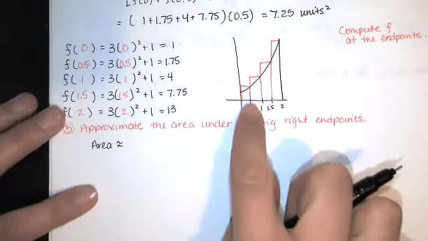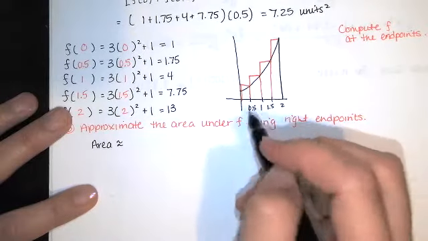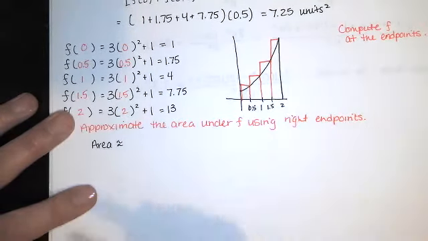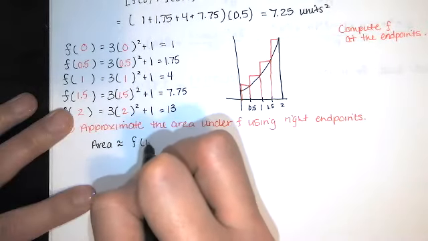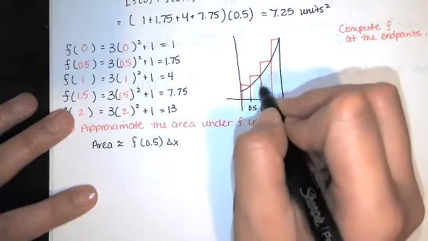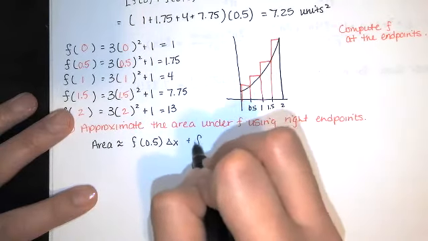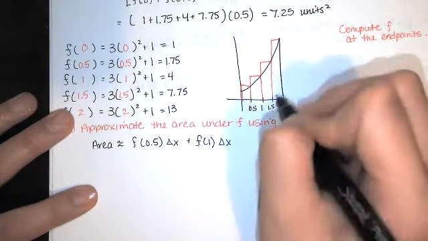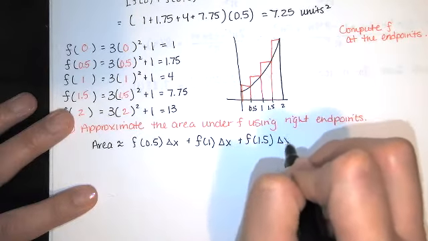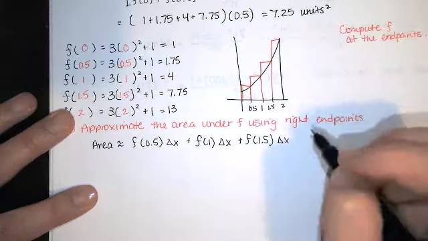And using the right endpoints, the first function value that we use is f at 0.5. So we skip this one. And I've got f at 0.5 times delta x plus f at 1 times delta x plus f at 1.5 times delta x. And then we've got f at 2 times delta x.